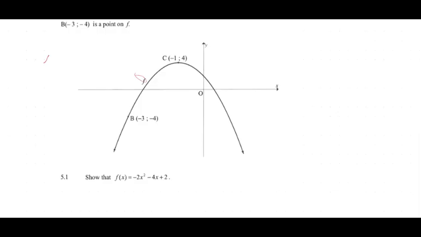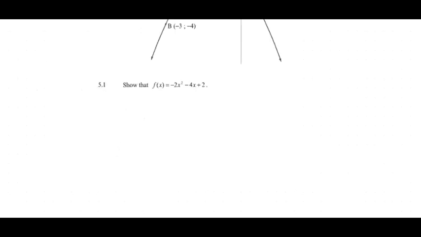So the given function they give us is f of x equals a into (x plus p) whole square plus q. We have to show the function in this form. So determine the value of p and q.